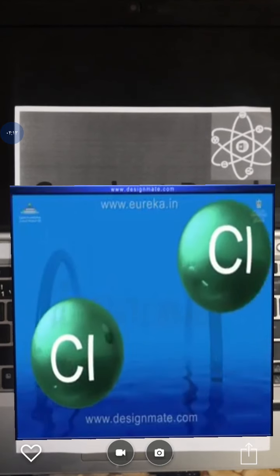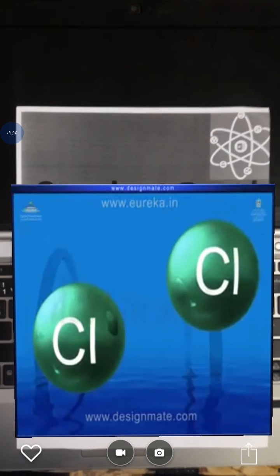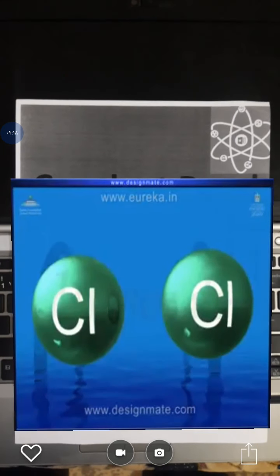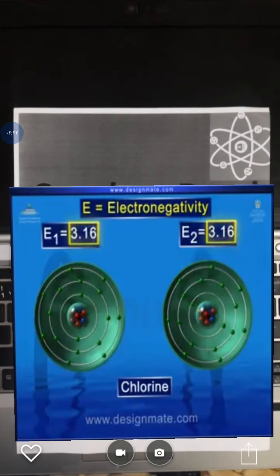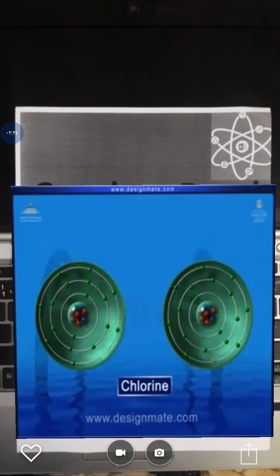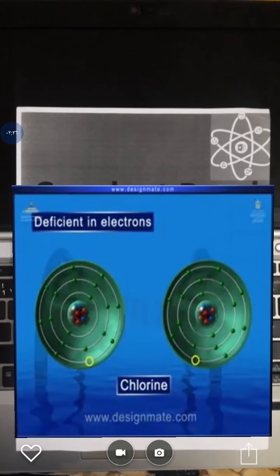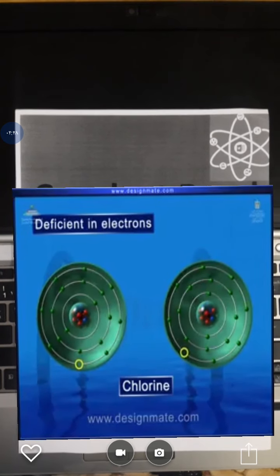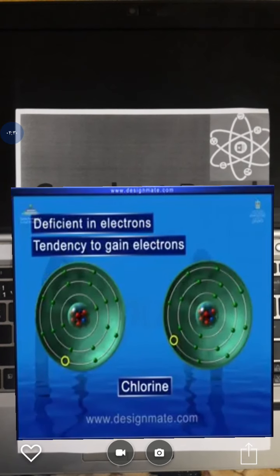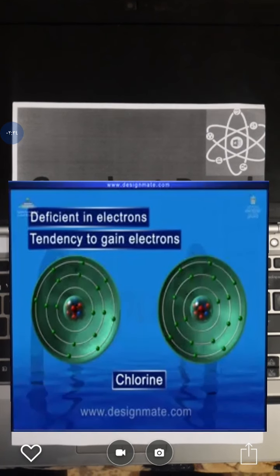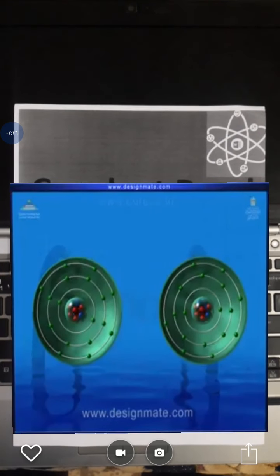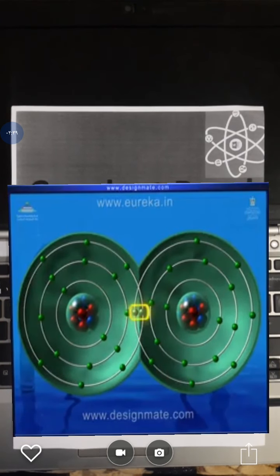Now, let us understand the covalent bond formation by taking the example of two chlorine atoms. Here, both the atoms have similar electronegativities, and both of them are deficient in electrons. As both the atoms have the tendency to gain the electrons, transfer of electron is not possible, and the sharing of electrons satisfies the octet.